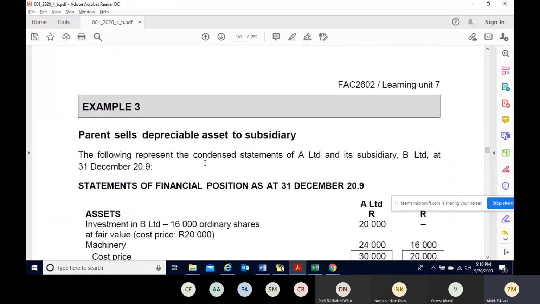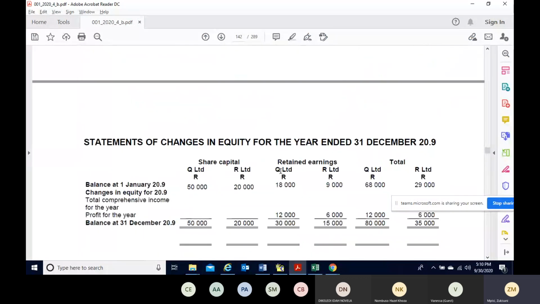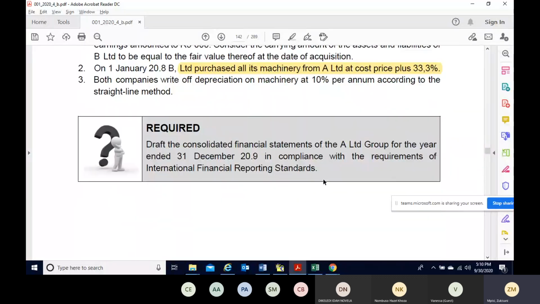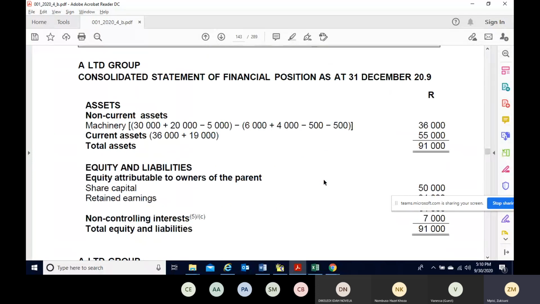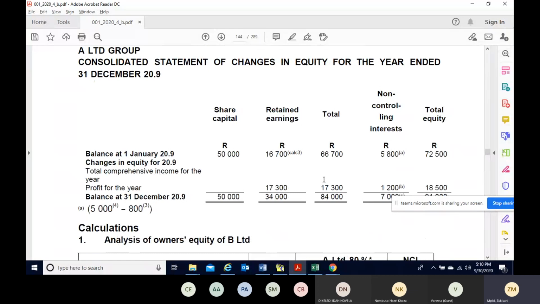In example 3, it's a parent that sells a depreciable asset, but I just want us to follow a similar thing. Here we are told that BLLTD purchased all of its machinery at cost plus 33.3%. So in this case, we need to calculate the unrealized profit. Let's quickly move on to the calculations.